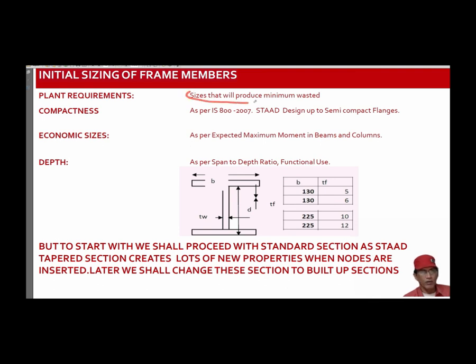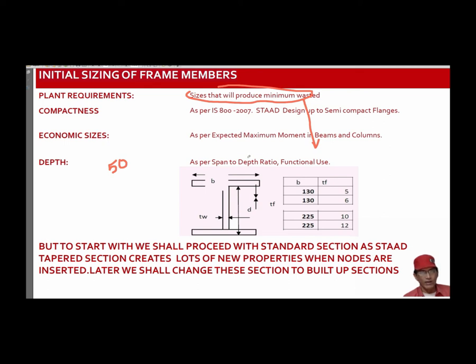As per plant requirement, to produce minimum strength, we follow certain web depth and certain flange width. Web depths are kept in multiples of 50, that is 200, 250, 300 or 350 and so on, and flanges are kept in multiples of 25, that is 150, 175, 200, 225 and so on.